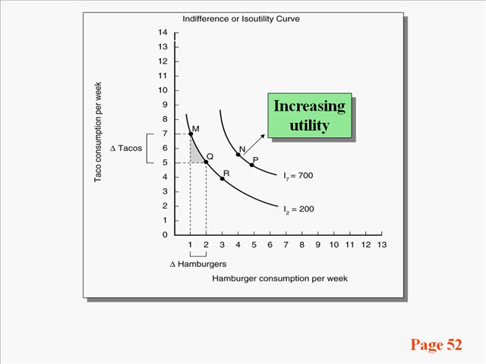So I2 is our first curve, which has points M, Q, and R on it, and I7 has points N and P on it. If we move from I2 to I7, looking at it numerically, we've gone from 200 to 700. So any rightward shift of the indifference curve is going to give us increasing utility or satisfaction.